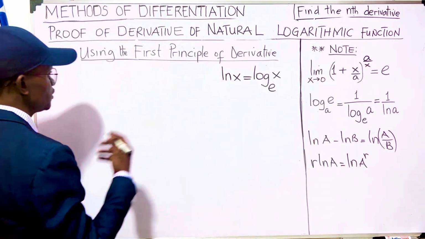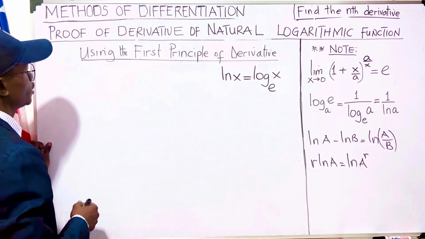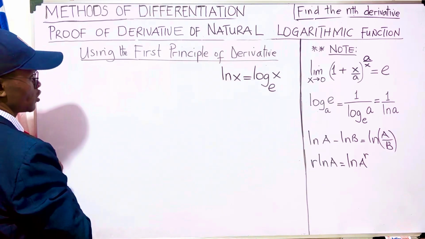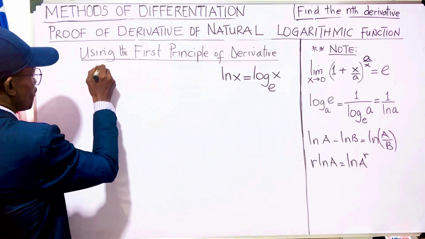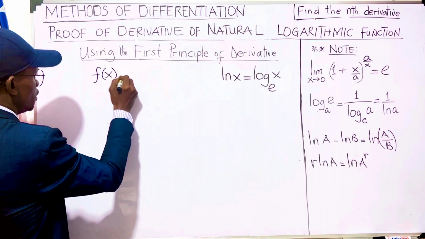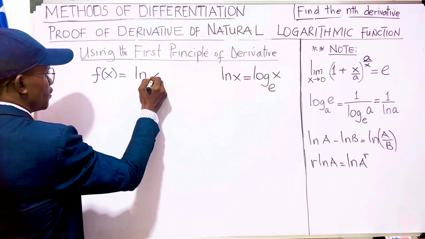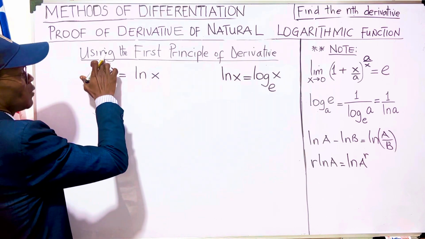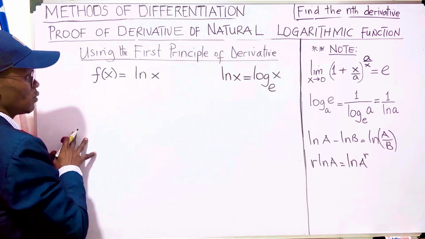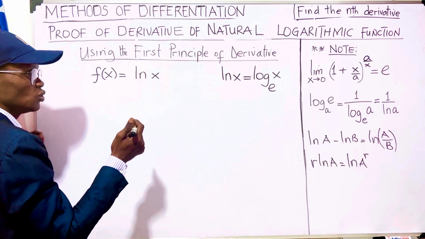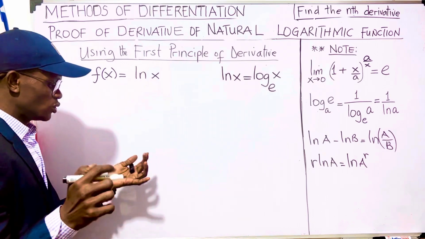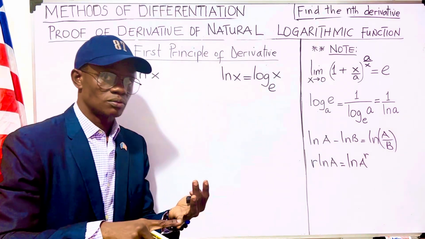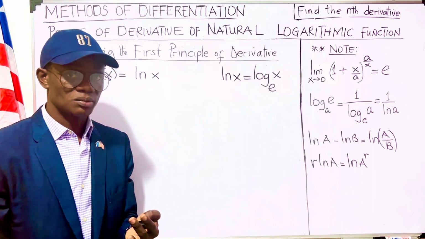So let's prove the derivative of the natural logarithmic function. Consider f of x to be equal to ln of x. We can use the first principle of derivative, and we can also use the implicit differentiation method.